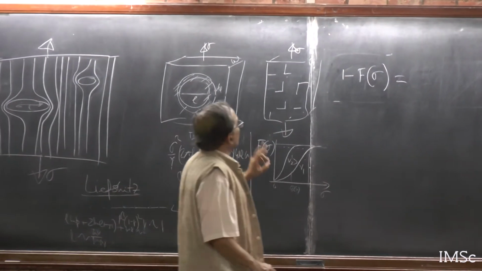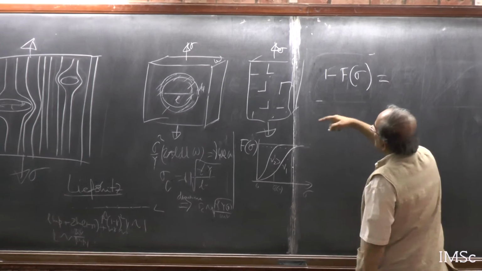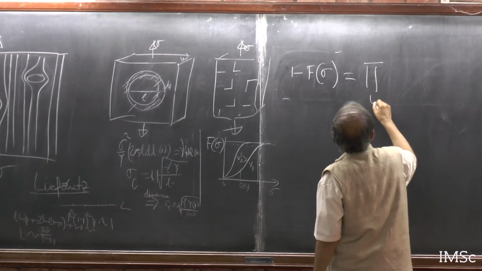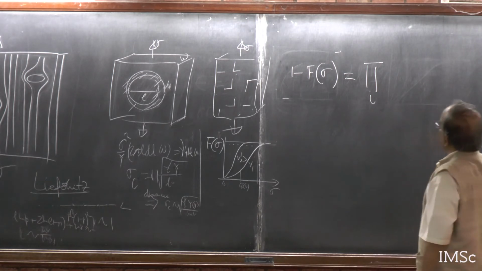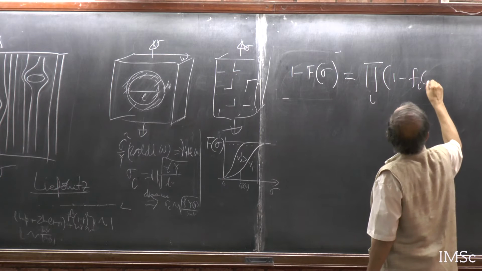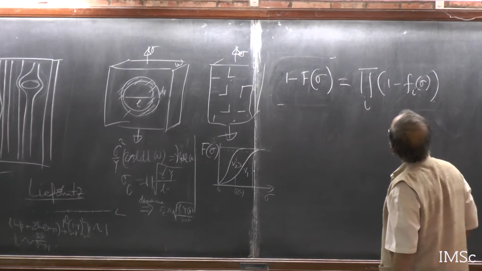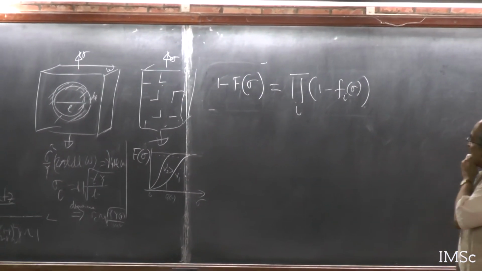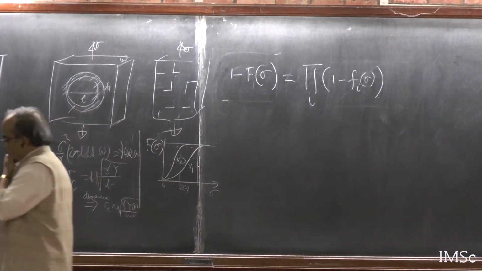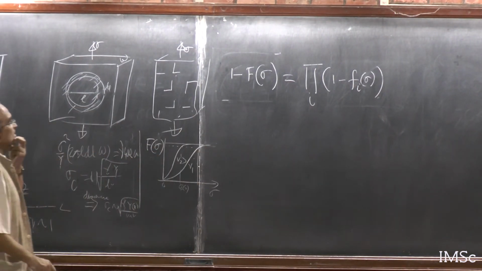So if they are independent, then what I can do is, suppose they are designated by some index i, the product, because I am assuming they are independent, that each one survived under that stress. That is for sure, because I cannot say which one, but each one must survive under this stress.